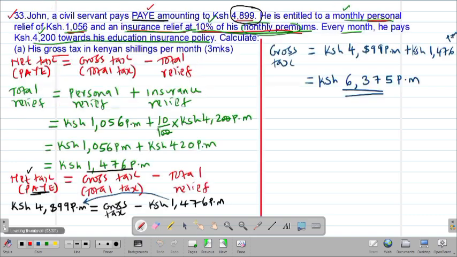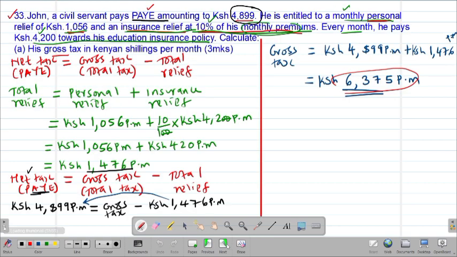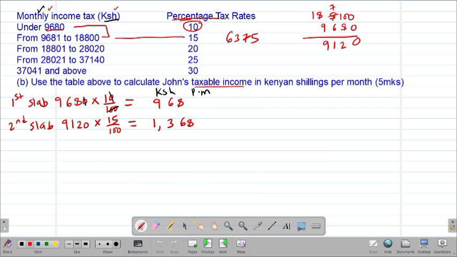Remember, our gross tax was 6,375. So this is the benchmark. Therefore, that simply means that we continue with the taxation.